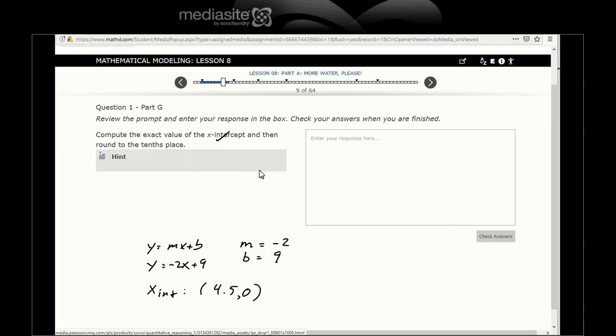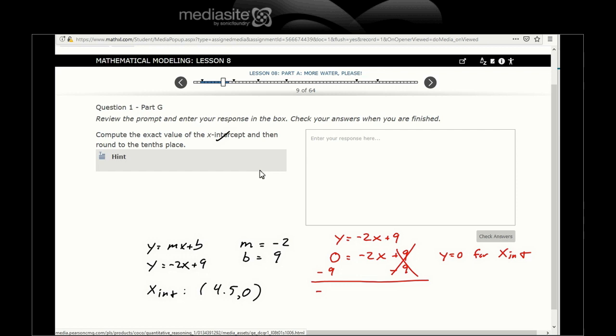Well, we know the equation. We want the x-intercept, so we know y has to be 0 for the x-intercept. So let's do some algebra and solve for x. When you get x by itself, we'll do any addition and subtraction first. Minus 9.